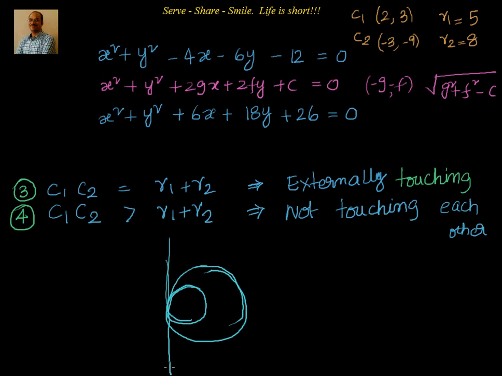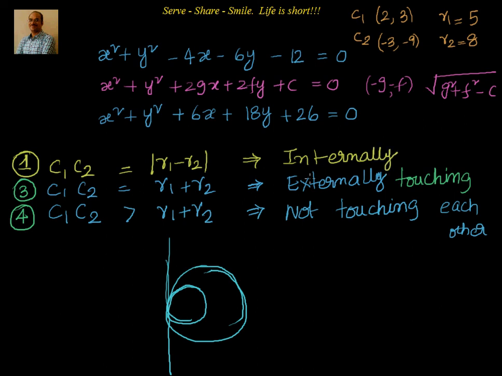In this scenario, there will be only one common tangent. So can I go ahead and write down? If C1 C2 is equal to R1 minus R2, then they will be internally touching, and there will be only one common tangent.